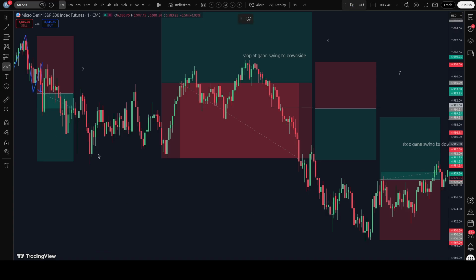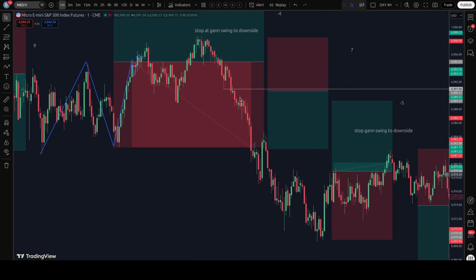Here's an interesting one right here. So we have a move up, a big move down, move down. So there's your swing. We have another Gann swing down. So 1, 2, 3, 4, 5.